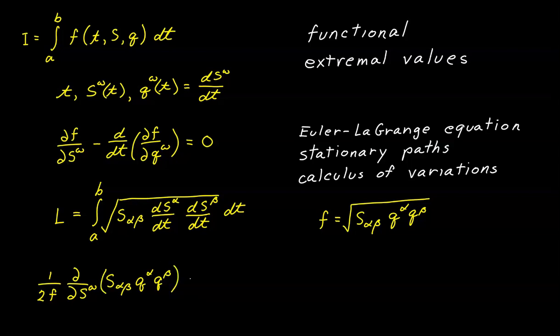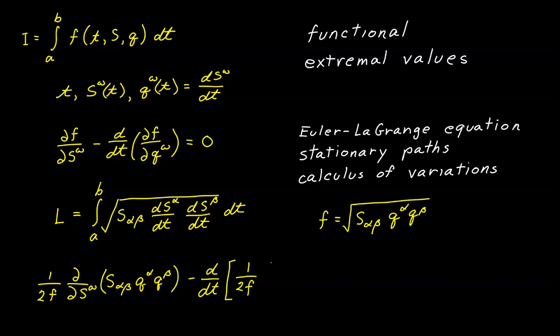So likewise, for the second term, we'll have, first of all, a derivative with respect to t of this partial, and again, we'll have 1 over 2f, same idea, 1/2 of, times 1 over this radical, times the partial derivative of what's inside the radical.